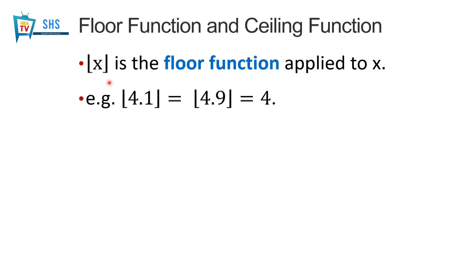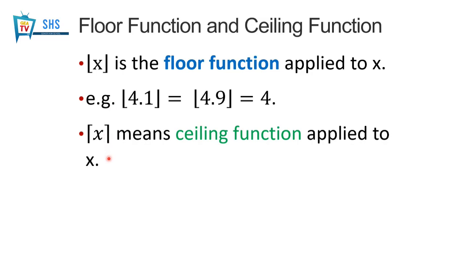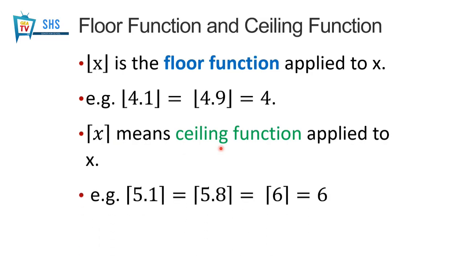On the other hand, our ceiling function, as shown by this symbol, is applied to x. Examples: 5.1, 5.2, 5.3 are all rounded up to 6 because the ceiling function of a number x gives the smallest integer greater than or equal to x.